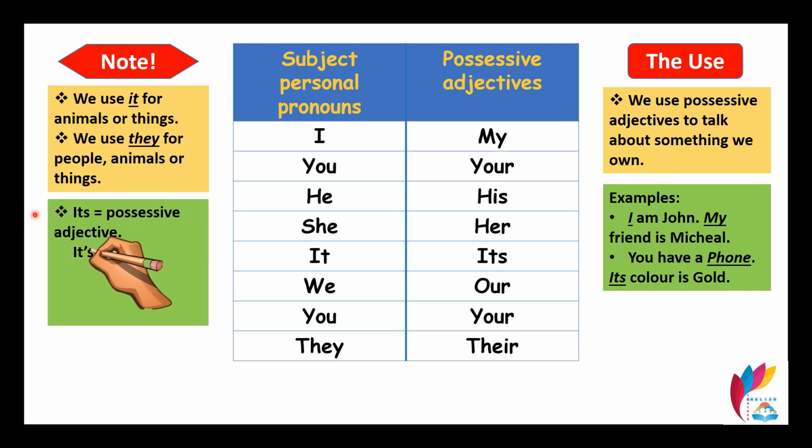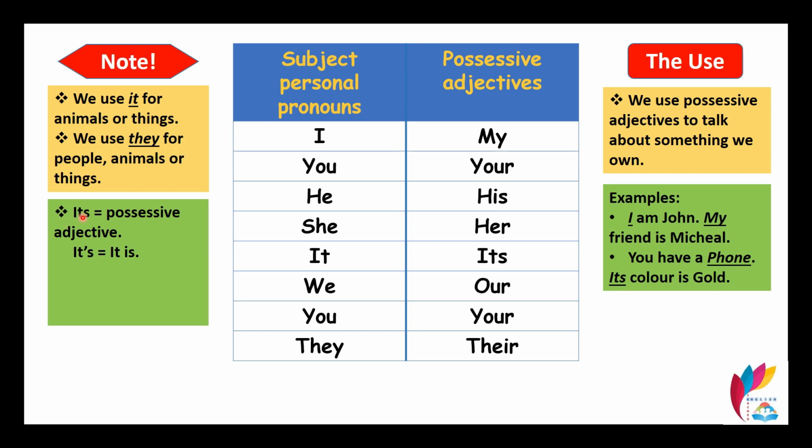Also, pay attention here. This "its" and the following "it's" sound the same, but "its" is the possessive adjective. For example, if we say "its car," it's not a car, actually it's a ball, okay?